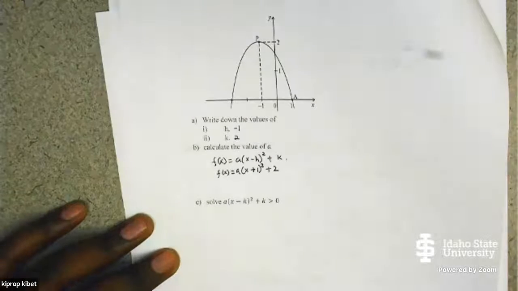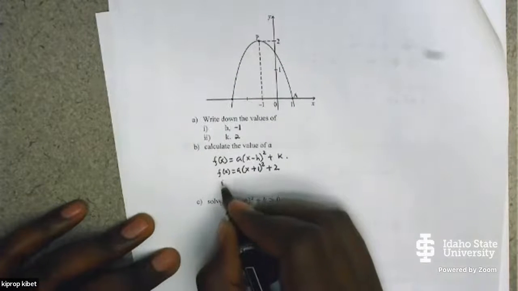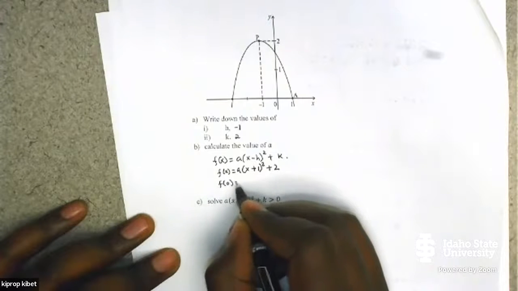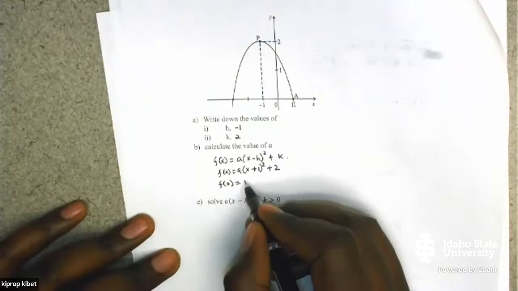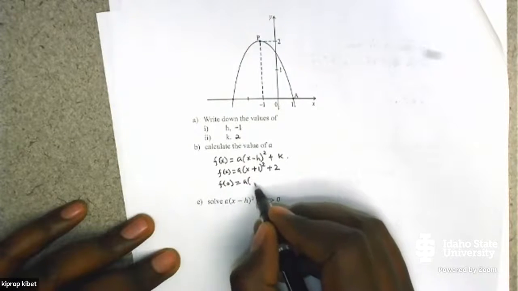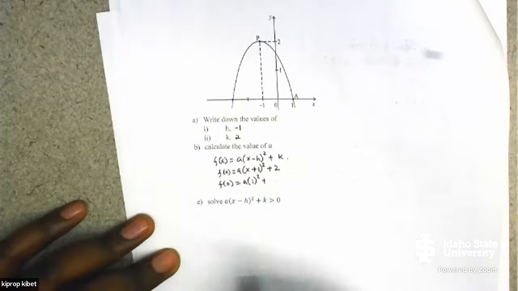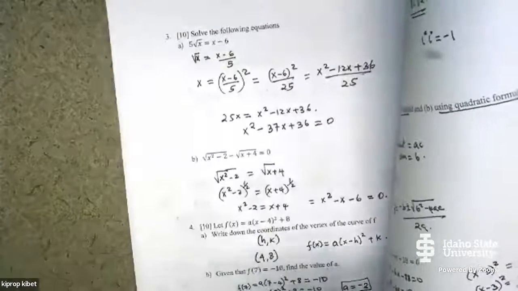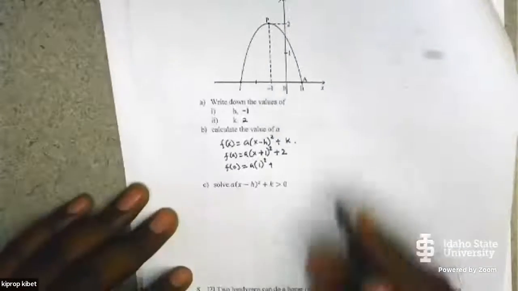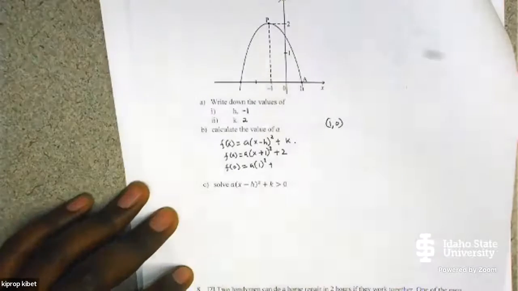Now, when x is 0, f of 0 equals a times 1 squared plus 2. Now, you take the point (1, 0). Take the point 1 and 0.